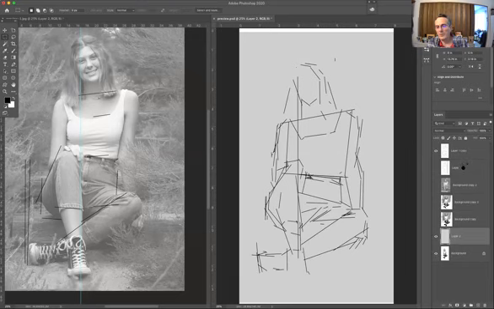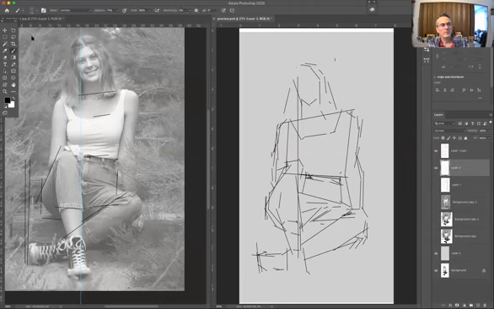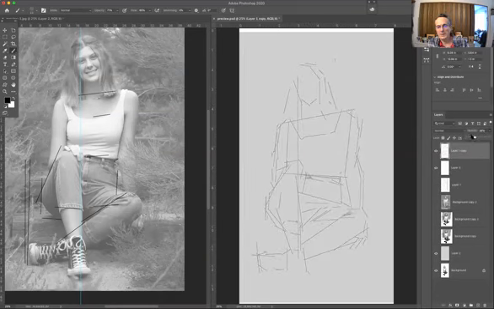So where do I go from here? New layer. There we go. I could draw on this layer. And then my brush tool, I would maybe knock this down quite a bit. I can just lock that layer. And here's where I would start drawing.